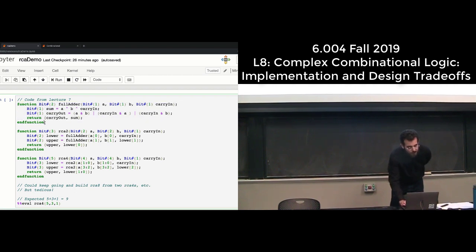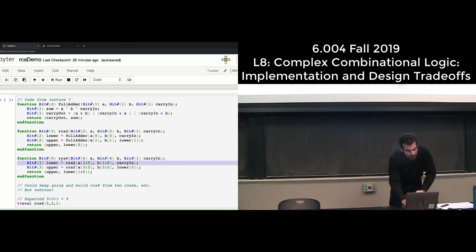Remember that the key thing you want to do is write small functions and then compose them. If you want to build a ripple carry adder, you can start by designing a full adder, a circuit that adds 3 1-bit numbers and gives you a 2-bit number, and then combine them to build, in this case, a 2-bit ripple carry adder.